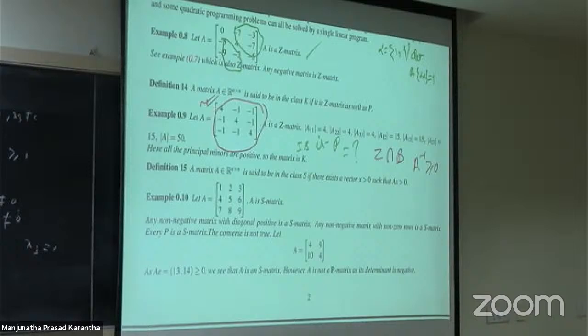Now my question is the following. If you have Z intersection P, you are getting an inverse that is non-negative.